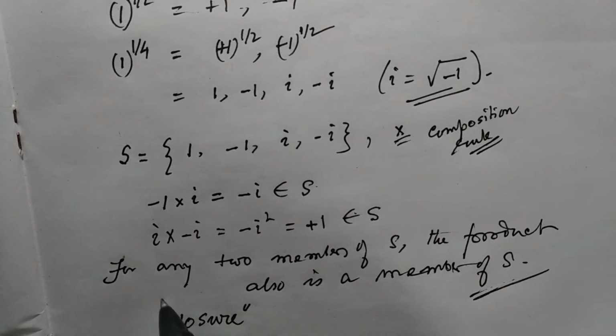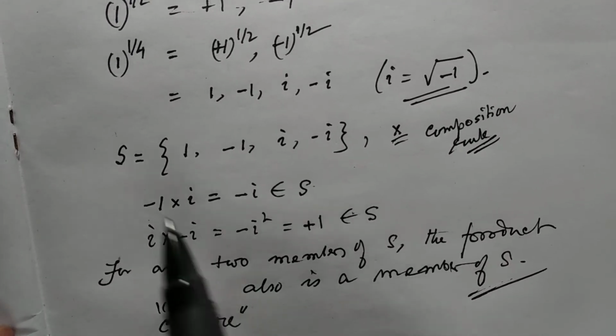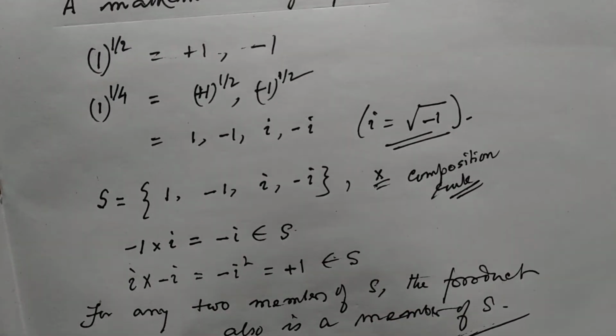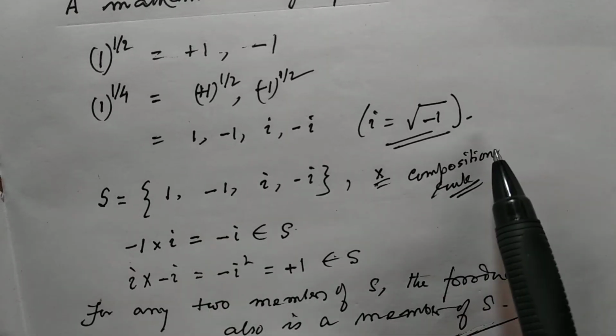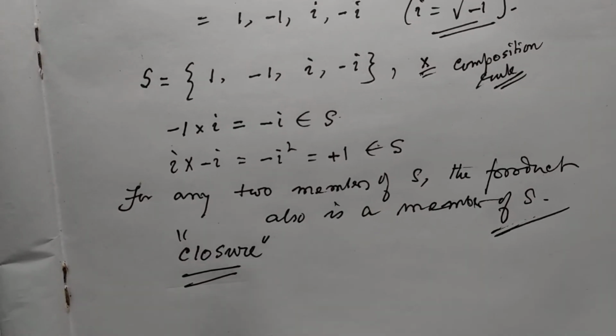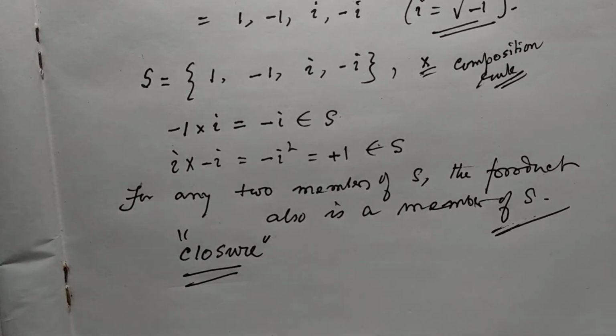The set is closed under the operation of multiplication. You cannot go outside this set by using this operation. Let us examine some more interesting properties of this set S.